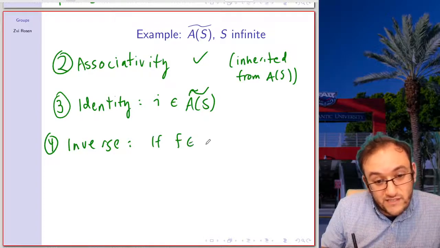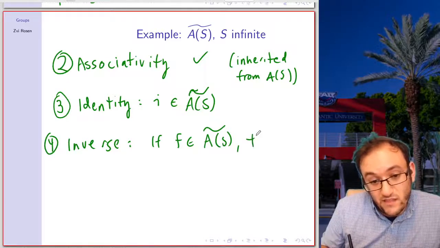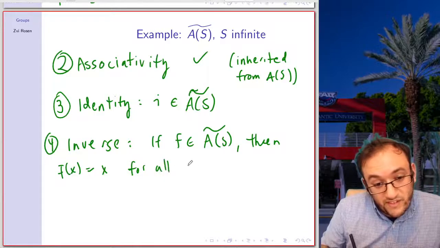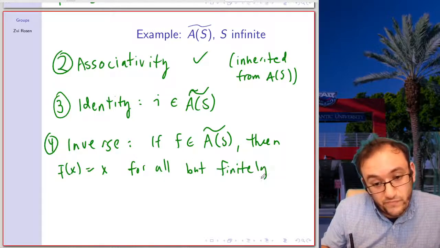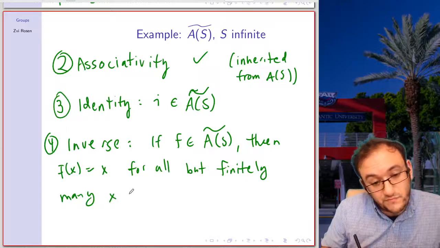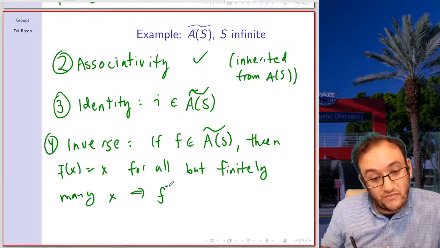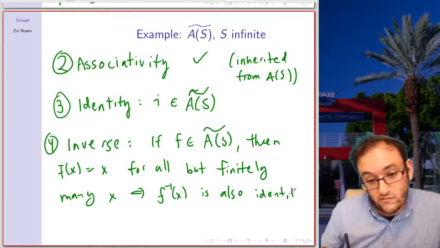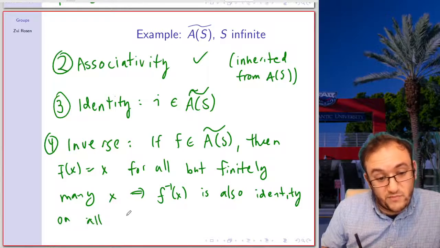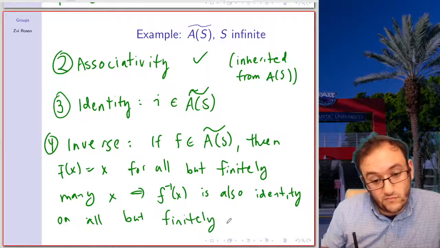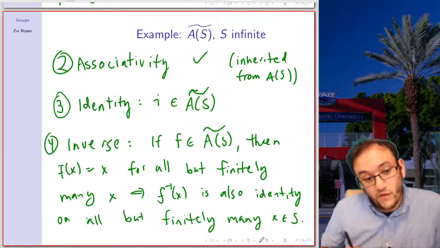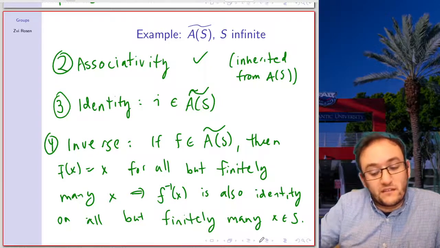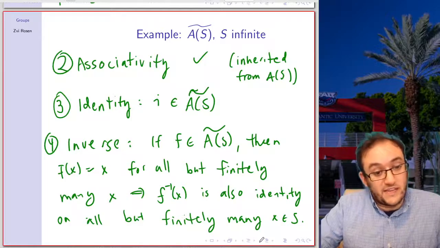So if F is in A of S tilde, then F of X equals X for all but finitely many X, and that means that F inverse of X is also the identity on all but finitely many X in S. Okay, so that proves that this is a group, even though we defined it using more abstract concepts than some of the other groups we've described. It certainly satisfies all of our axioms.